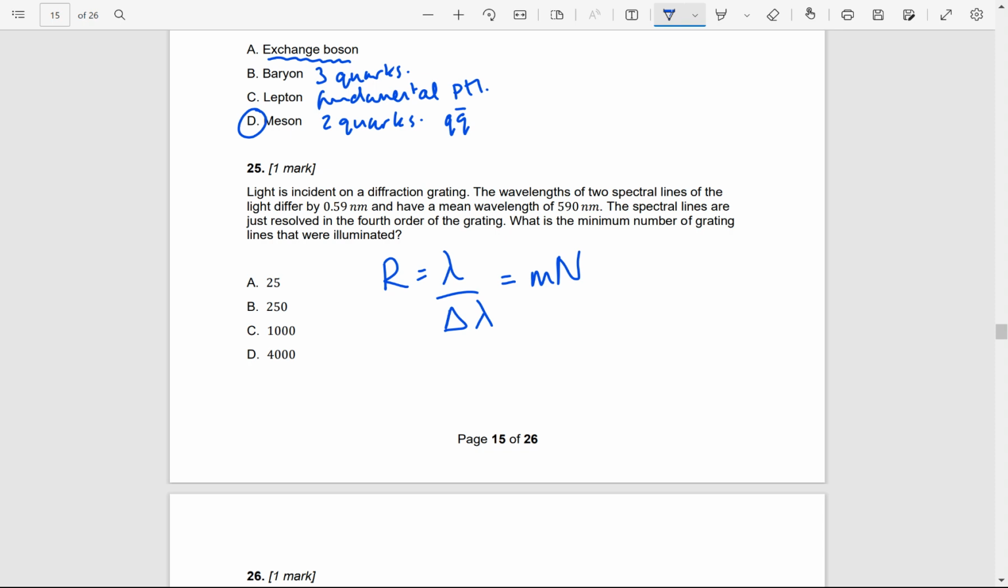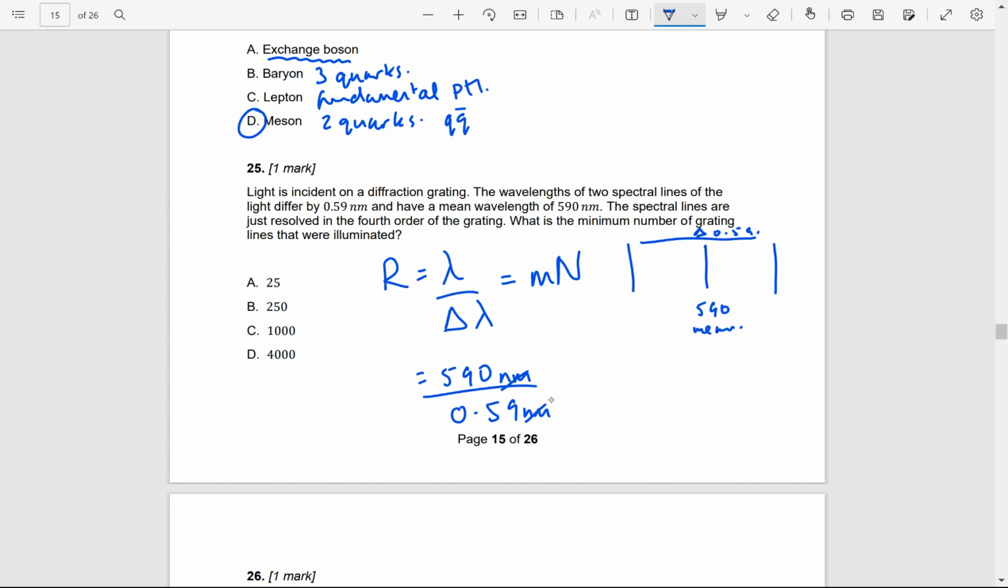Okay, so let's have a look at this. We've got a mean wavelength of 590 and 2 spectral lines either side. So the mean is here, and we can say that the delta between them is 0.59. So we have 590, the mean one up at the top, divided by 0.59.